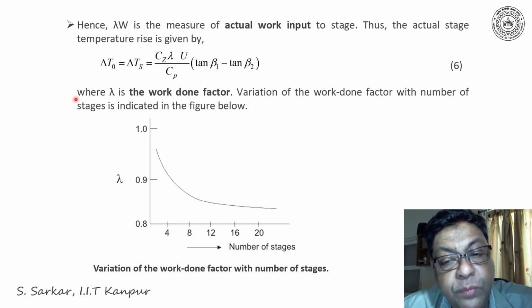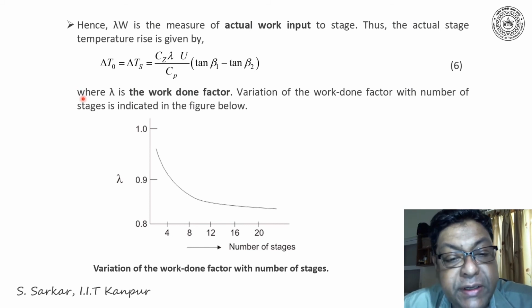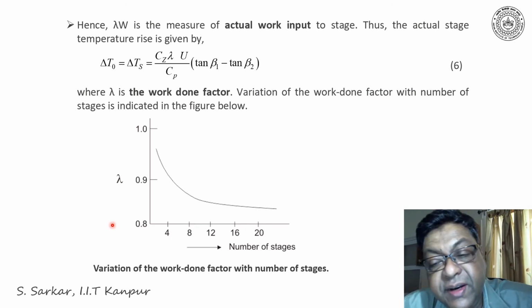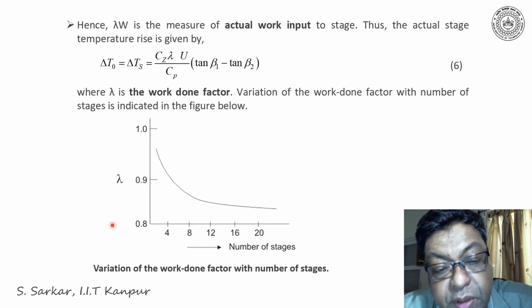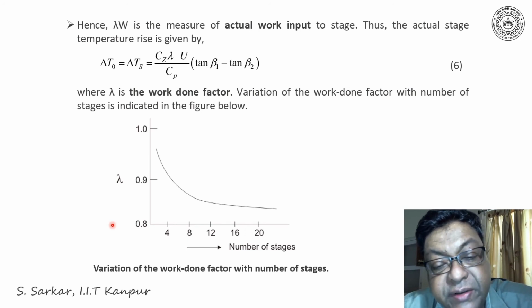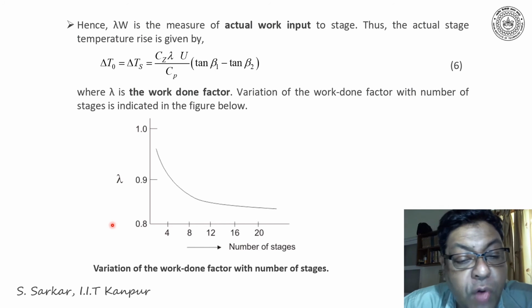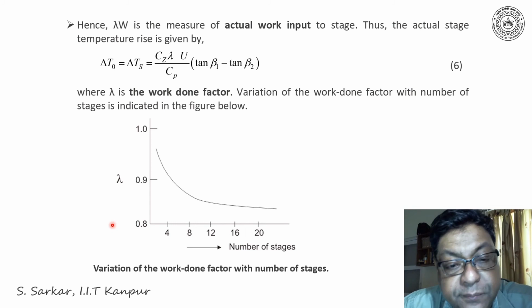Furthermore, the variation of work-done factor with number of stages has been indicated in the figure below, which illustrates that as number of stages increases, the work-done factor decreases, and after a certain number of stages, it would almost saturate. That is, here after 16, the value of work-done factor almost remains constant.